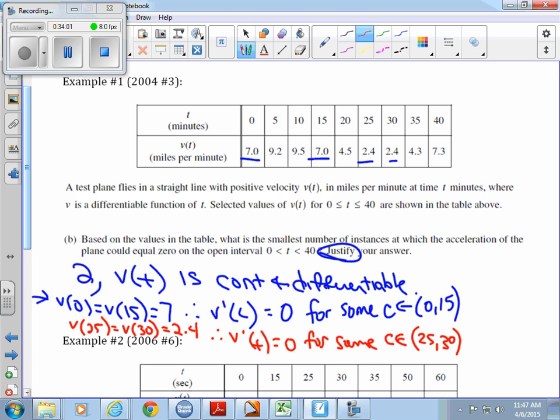By what theorem? By Rolle's theorem. Now, if I had used the mean value theorem, it would have looked very similar, but I would have had to show a slope, or say the average rate of change between 0 and 15 is 0. Do you see why Rolle's theorem was really nice to know? AP does not make you know Rolle's theorem, but they will accept Rolle's theorem. So it is good to know.